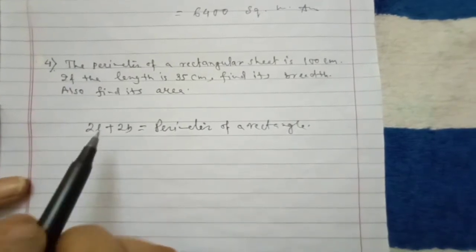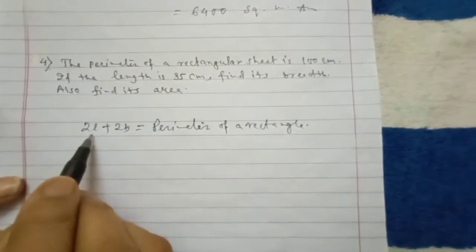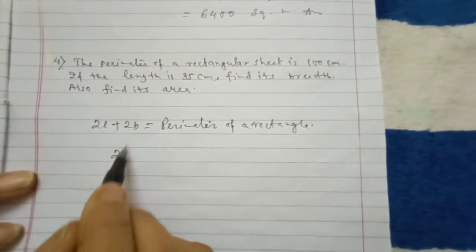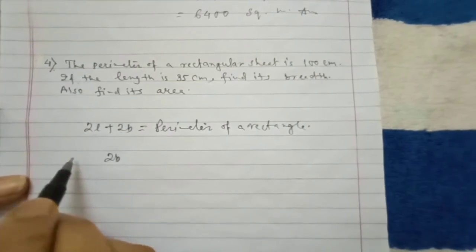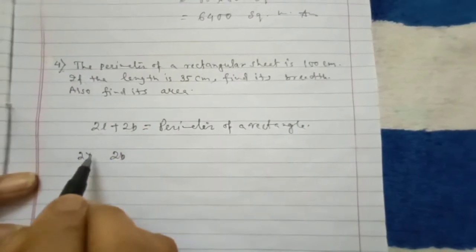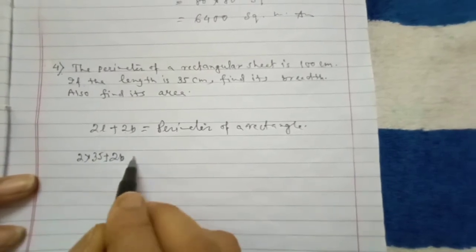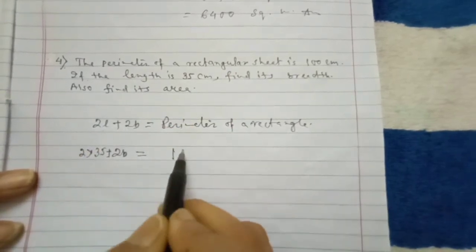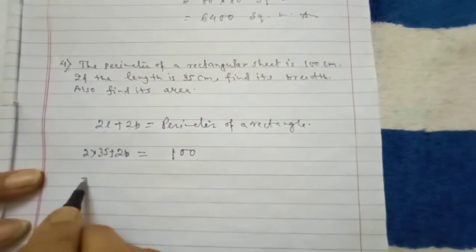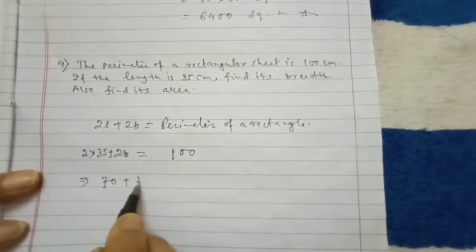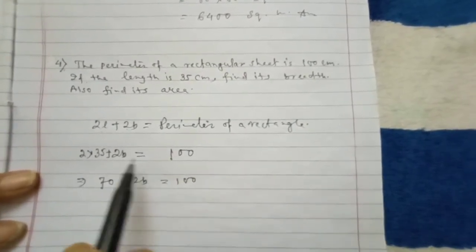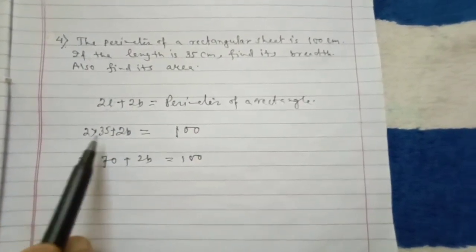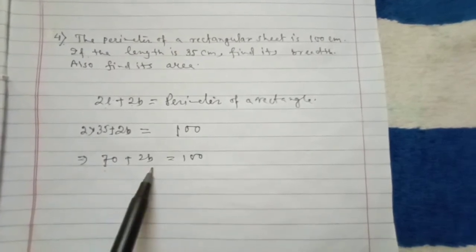Its length is given, so breadth we don't know, so we have to find the breadth. Now 2B is unknown, and 2L means 2 into 35, plus 2B is equal to perimeter. The perimeter of the rectangular sheet is given 100 centimeter. Now we can write 70 plus 2B is equal to 100. As length was given 35, putting the value of length, we got 2 into 35, that is 70, plus 2B.